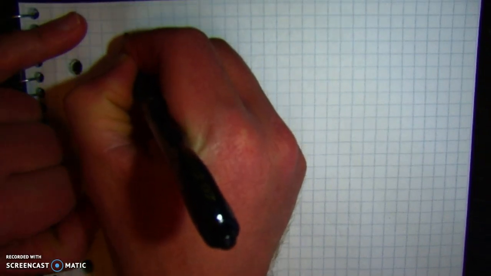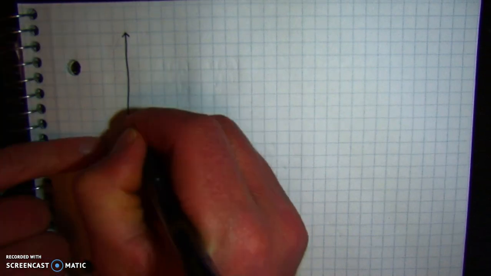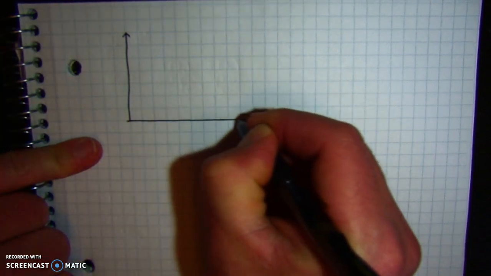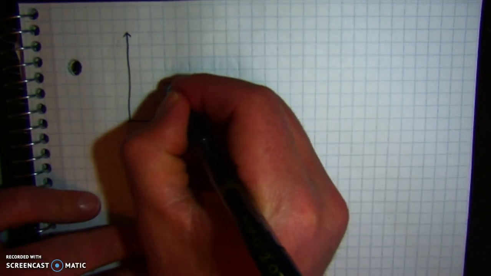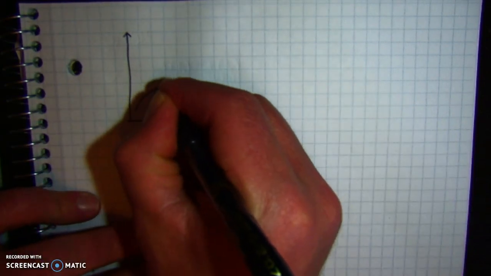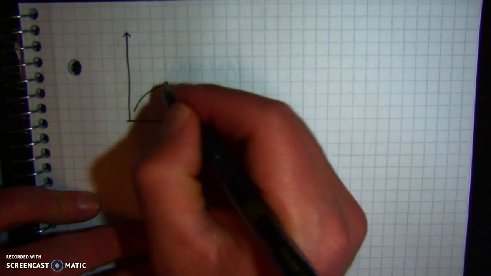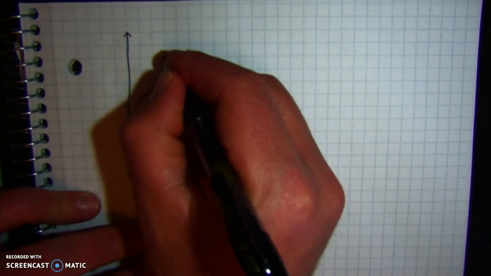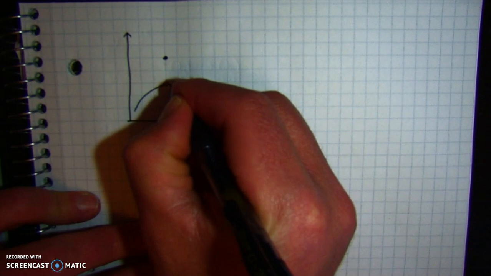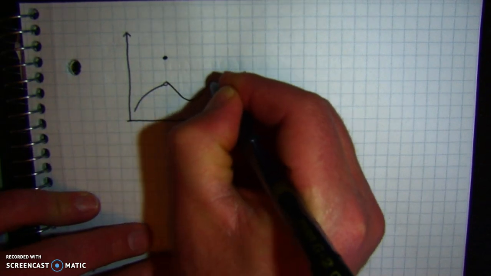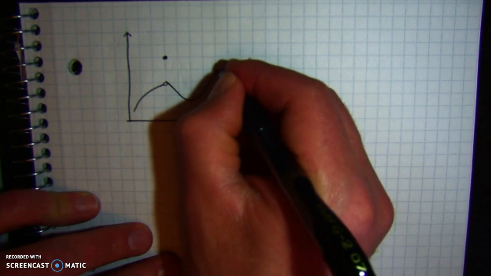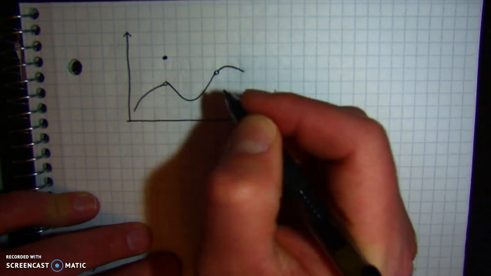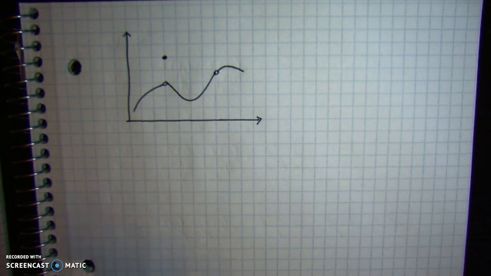Let me just kind of draw us a real quick example here. So let's say we have some function that sort of comes up like that, and then right there it jumps up to there for some reason, and then it kind of comes back down, comes back up to there, and then it's undefined right there, and then it sort of squiggles on and does its thing.